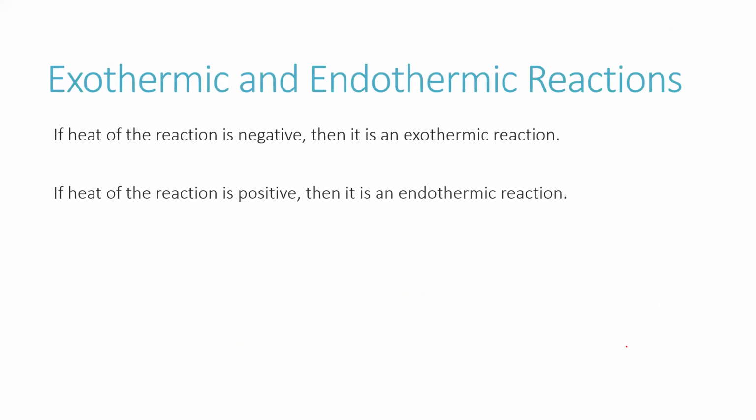Okay. Now let's talk about exothermic and endothermic reactions. Let's say we have a particular reaction, reactants give products. The first case may be that this is an endothermic reaction. Now we know that for an endothermic reaction, heat is released.